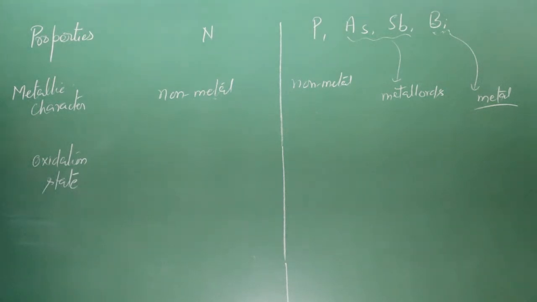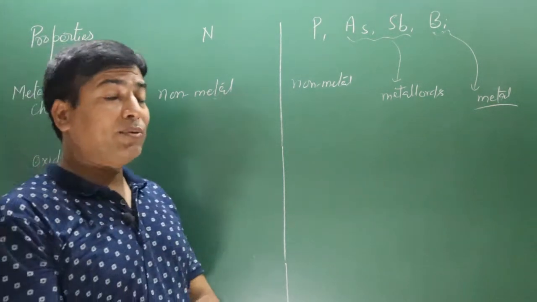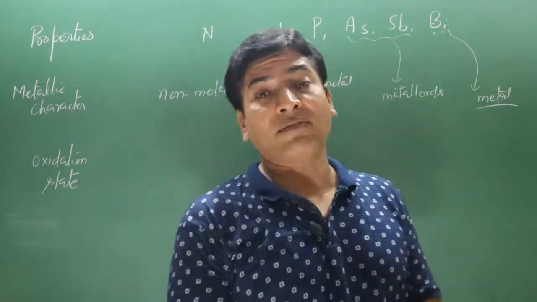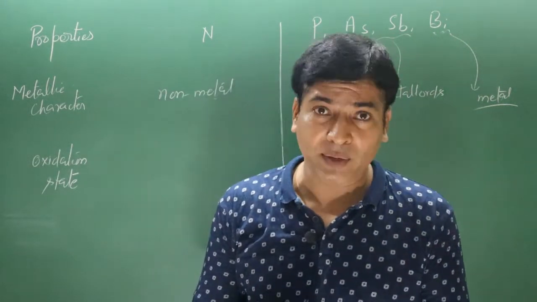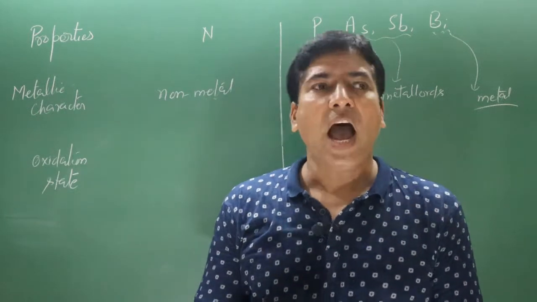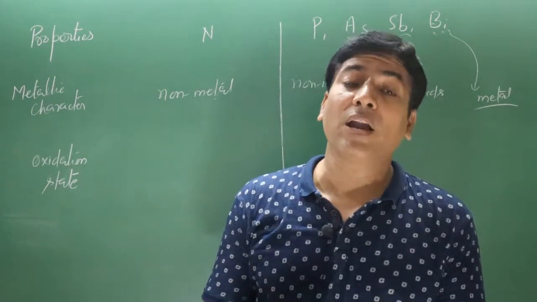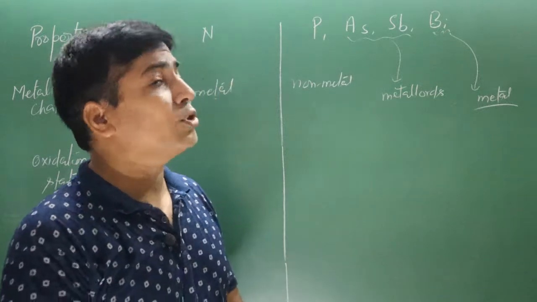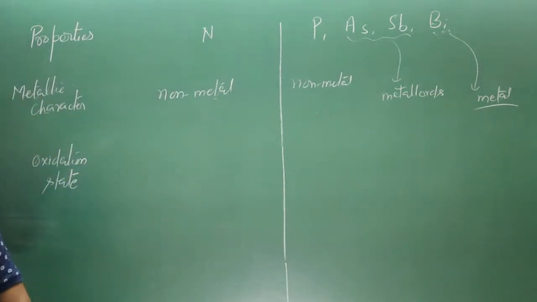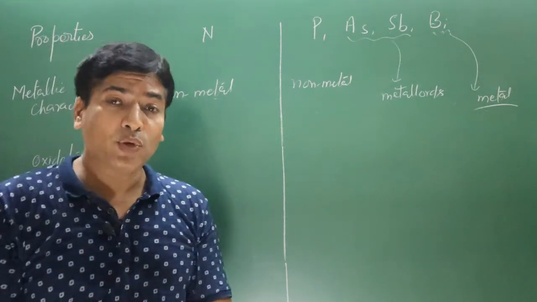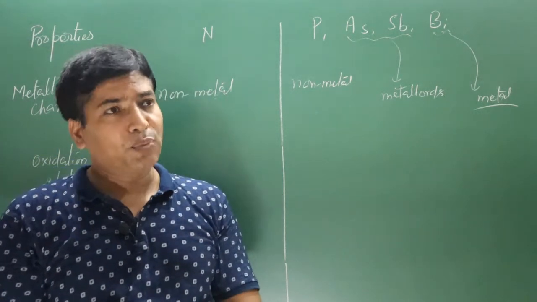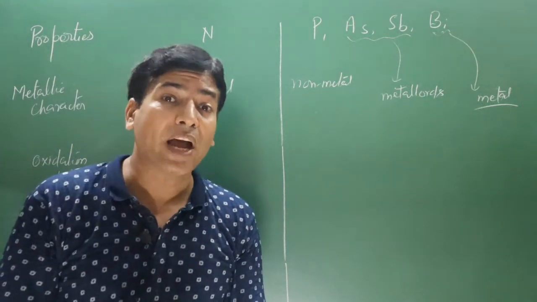Now we have oxidation state. As we have seen, the range of oxidation state for this group of elements is -3 to +5. Minimum oxidation state is -3 and maximum oxidation state is +5. Nitrogen shows a variety of oxidation states because it forms various kinds of oxides. It can show -3, -2, -1, 0, +1, +2, +3, +4, +5.